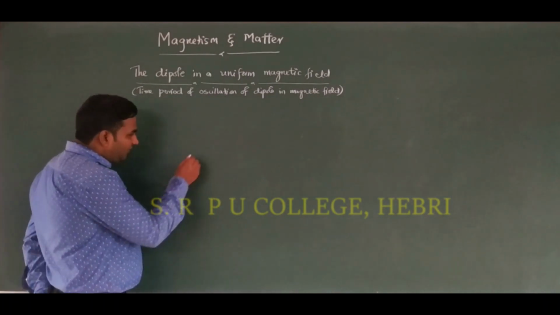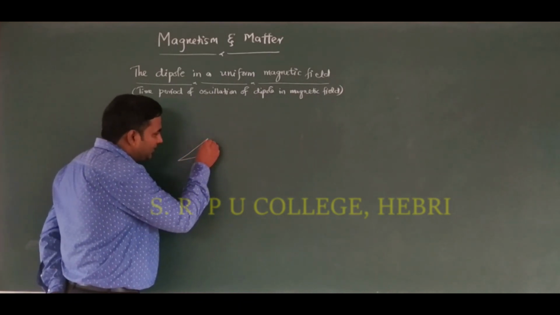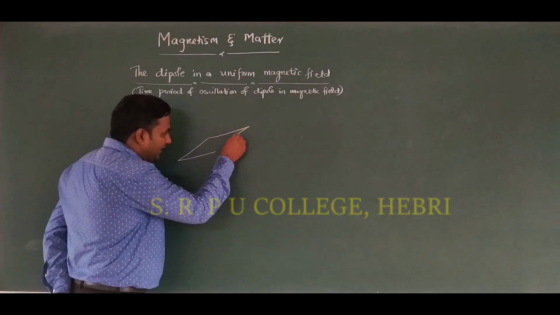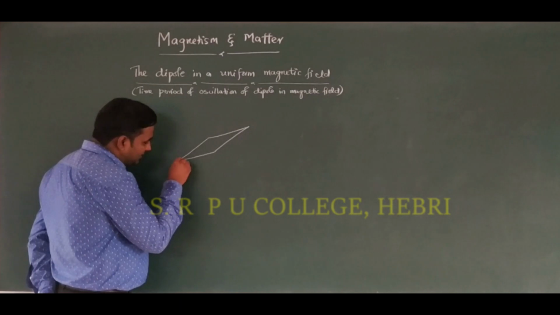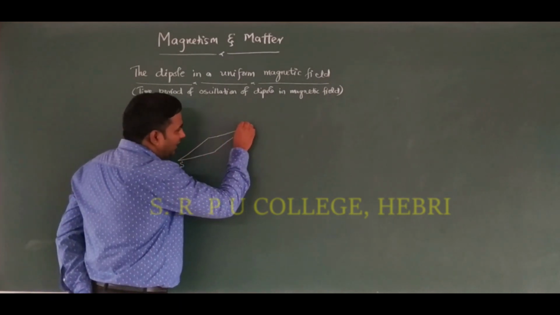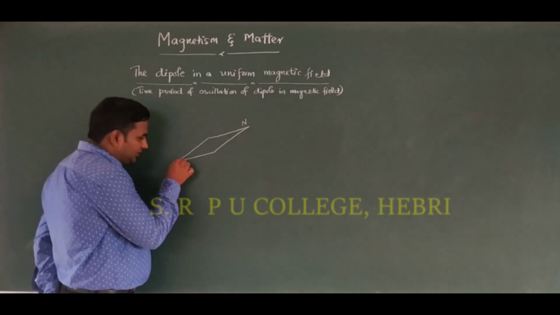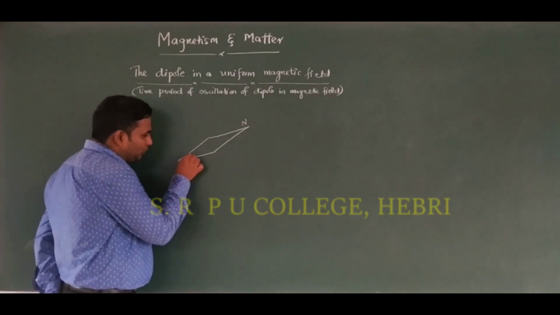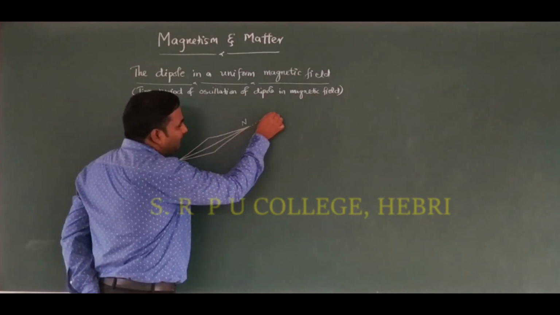Dear student, consider one magnetic needle like this. I call this particular end the south pole, and this particular end the north pole. You already heard that from south pole to north pole, the magnetic dipole moment is acting.